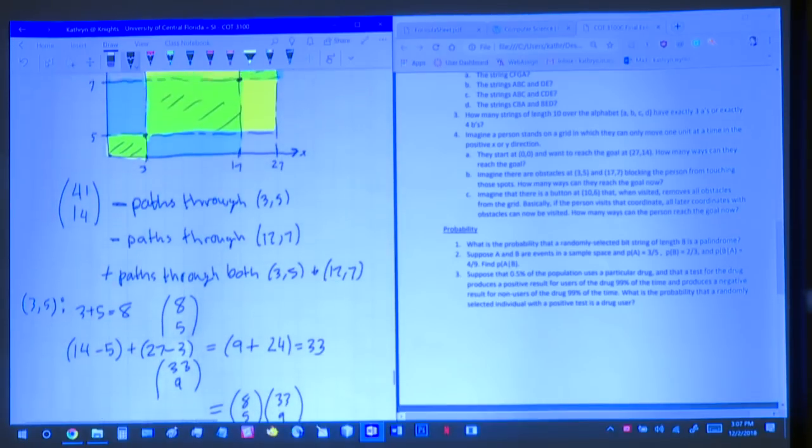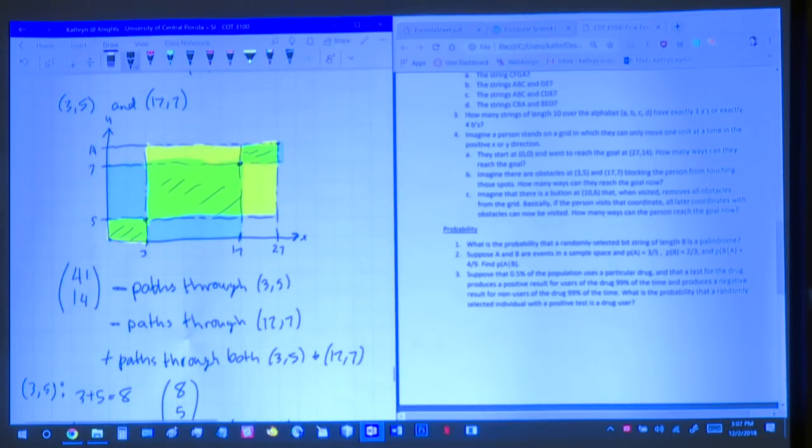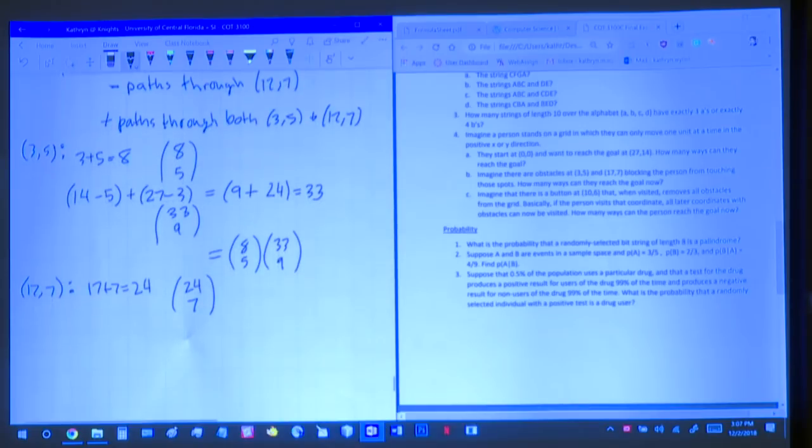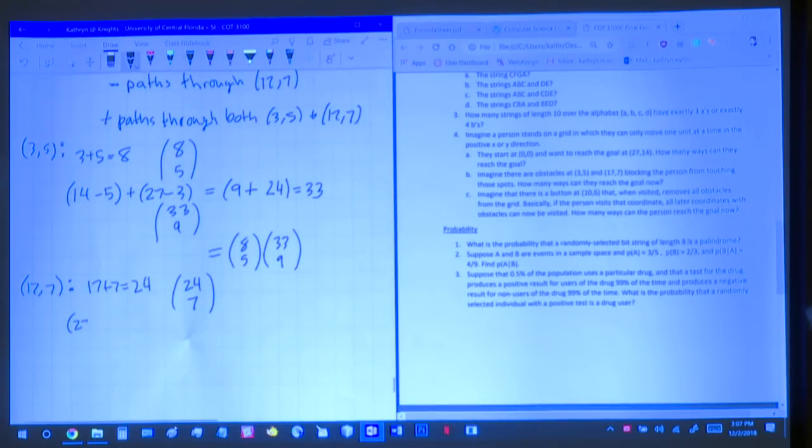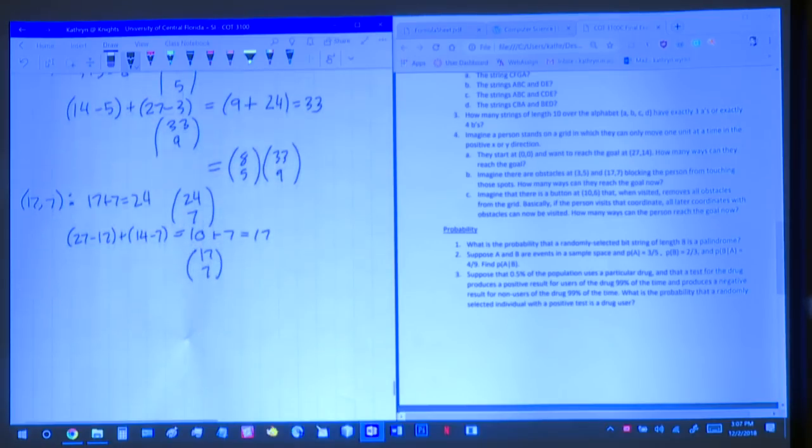And the ones from this point to here would be 27 minus 17 plus 14 minus 7, so 10 plus 7 equals 17, and 17 choose 7. So this one would be 24 choose 7 times 17 choose 7.